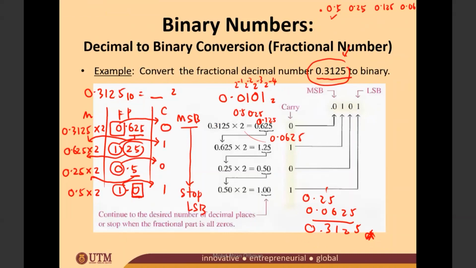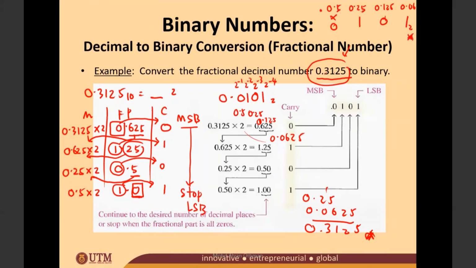So yang ni definitely tak boleh sebab dia dah lebih. 0.25 boleh tak? Boleh sebabnya yang ni 3.125. So kamu letak yang ni 1. Kalau yang ni kamu letak 1 dah lebih sebab yang ni 2 campur ni dah 3, 5 tambah dengan 2 dah 7. So yang ni kosong. And then 0.25 campur dengan 0.0625. So kamu dapat ini jawapannya.